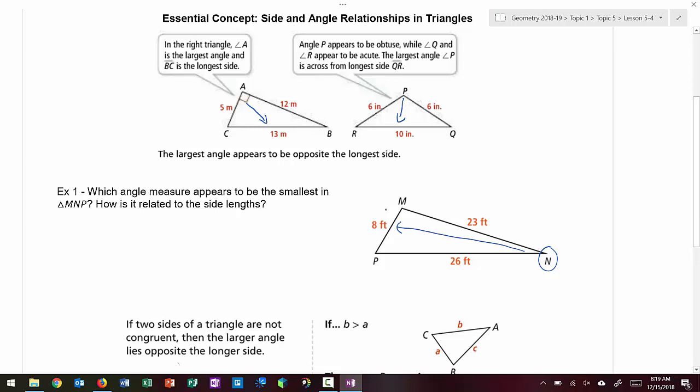So that gives us a relationship that we can use as well, and that's the smallest angle is across from the shortest side. And so what this allows us to do is label our triangle and identify our triangle based off of its measures.